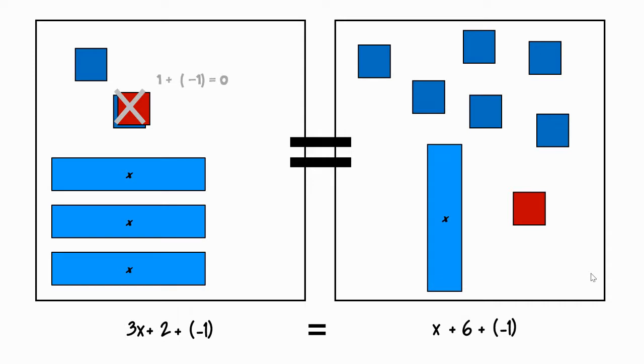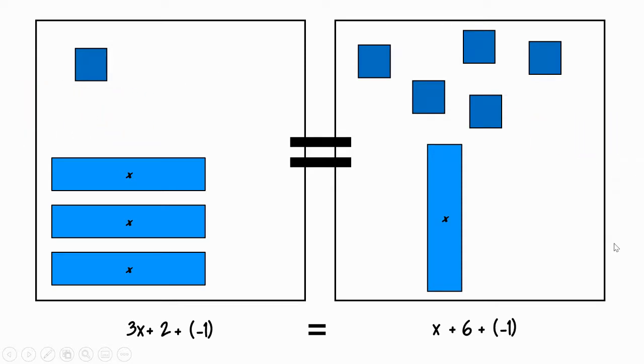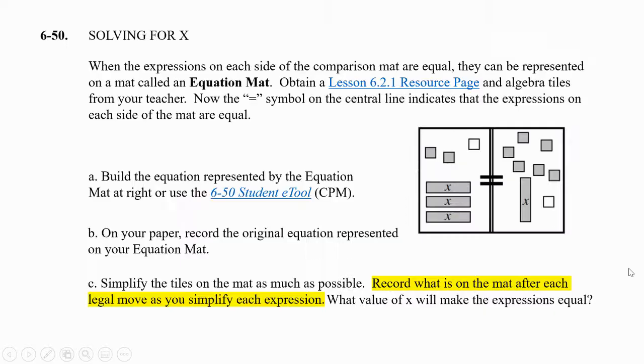I can do the same thing on the right side with my 1 negative unit square and 1 positive unit square, and then these can just go away. On the left side, my 2 positive unit squares and 1 negative unit square has become 1 unit square. And on the right side, my 6 positive unit squares and 1 negative unit square has become 5 unit squares.